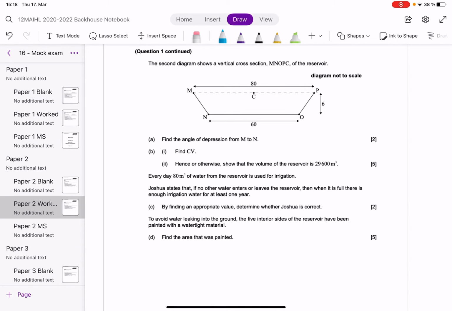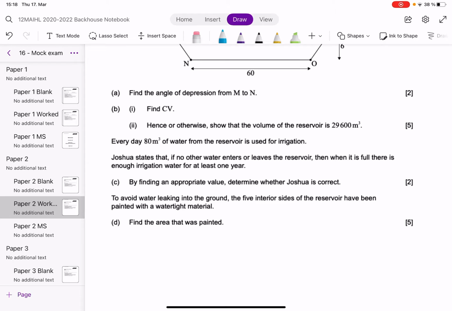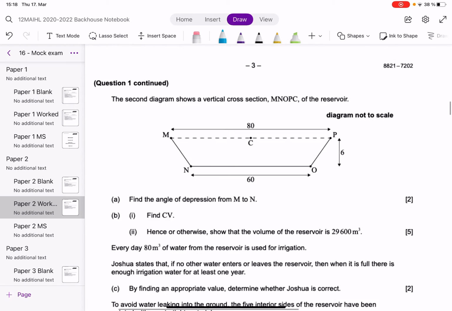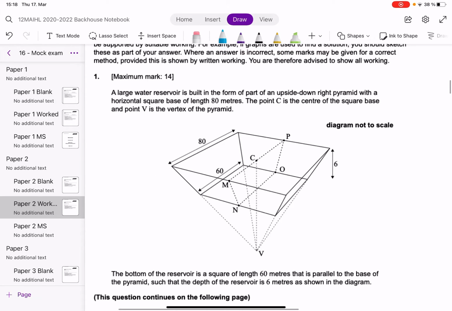So it says, to avoid water leaking into the ground, the 5 interior sides of the reservoir have been painted with a watertight material. Find the area that was painted. So for that, we've got to go back up to this diagram. The interior sides, we've got this square at the bottom, and then we've got these 4 trapezia that are all identical that go here.